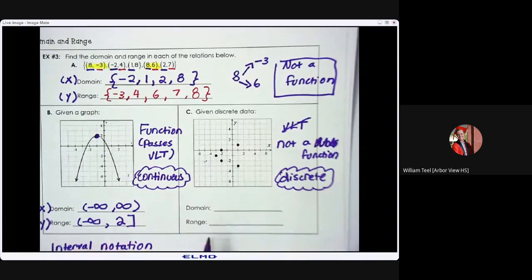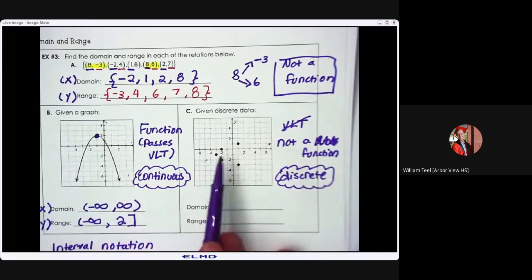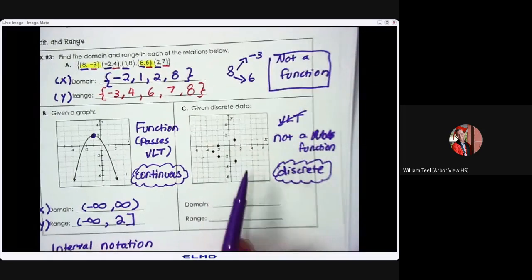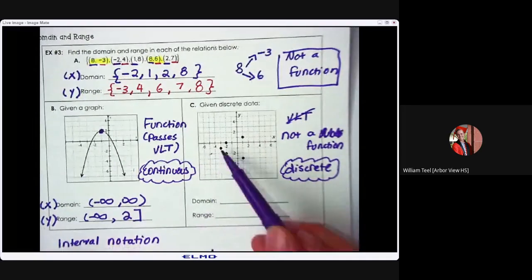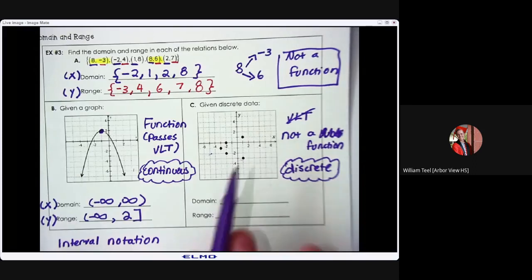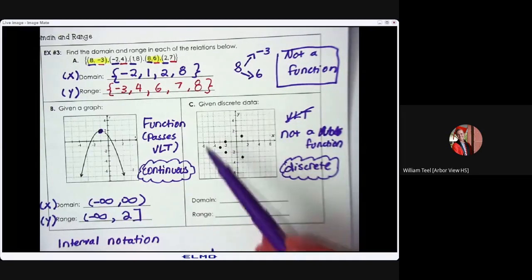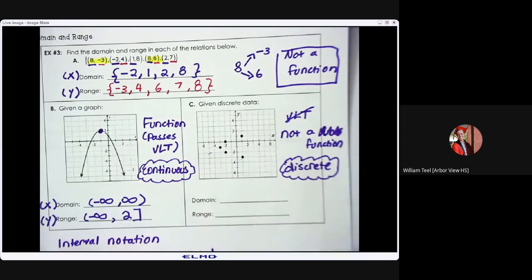Now the domain is going to be a little bit different because we only have specific points where this graph is representing ordered pairs. We don't have any points in between those coordinates. So for that reason, our domain and range are going to be a little bit different. So let's go ahead and talk about this. Since I have a series of coordinates right here, I'm going to make my life easier just by writing down what each of those coordinates are.